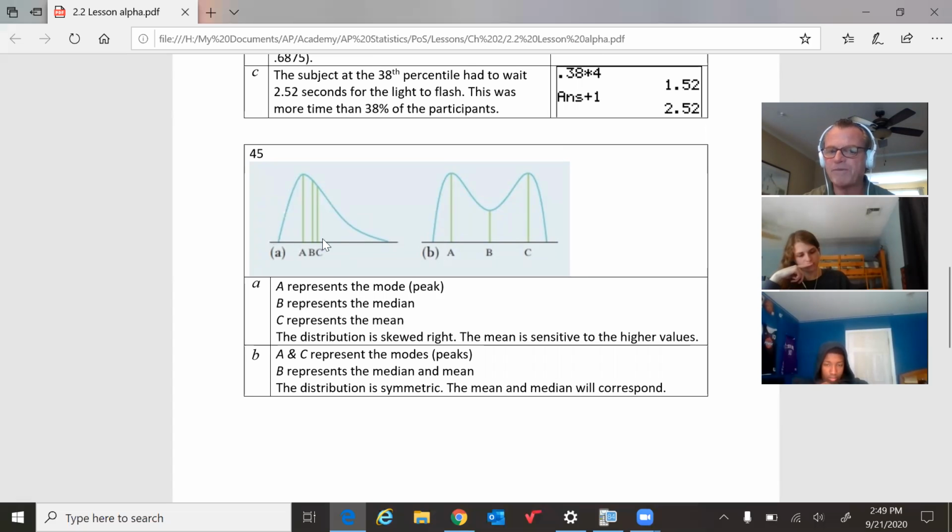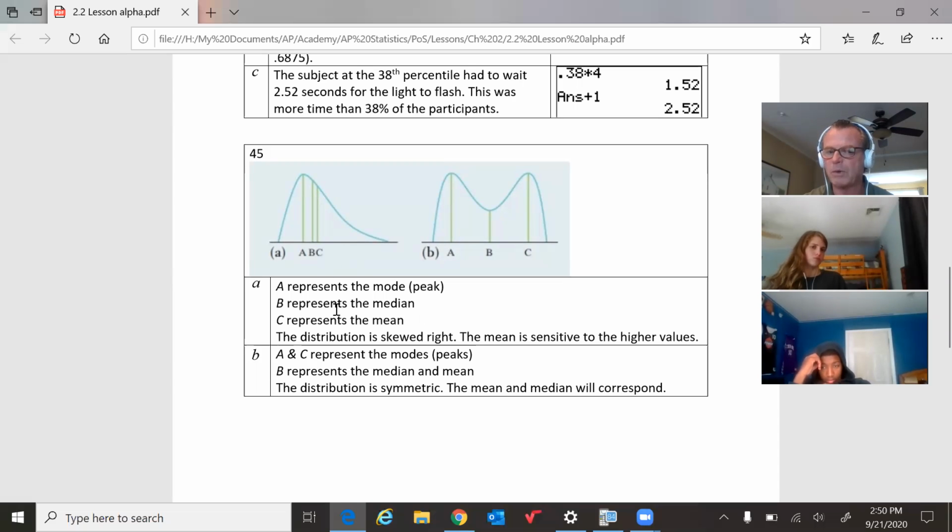The shape of this graph is skewed right. That's where the tail is. So these points out here are affecting the mean, because the mean is sensitive to outliers. The median is resistant. So this skewness will drag the mean to the right.